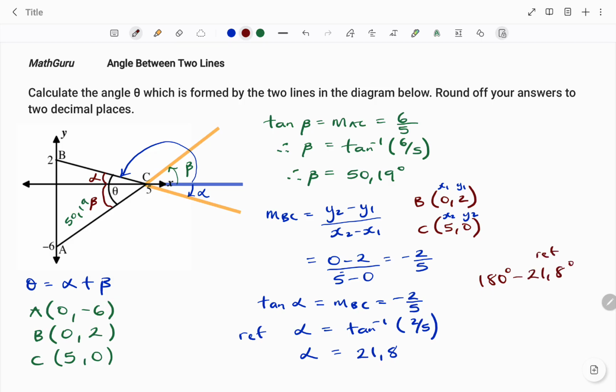But in this case, I need the reference angle, 21.8 degrees. If I'm reading in the clockwise direction, that will be equal to 21.8 degrees. I don't need the obtuse angle. And note that vertically opposite angles are equal, so therefore my alpha is also equal to 21.8 degrees.